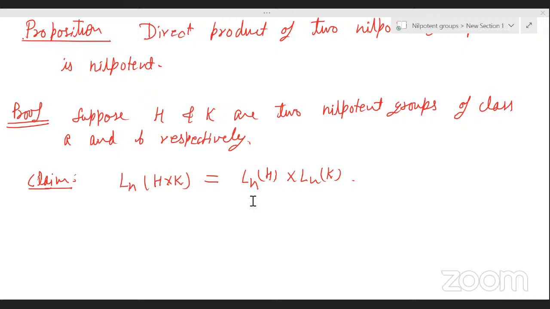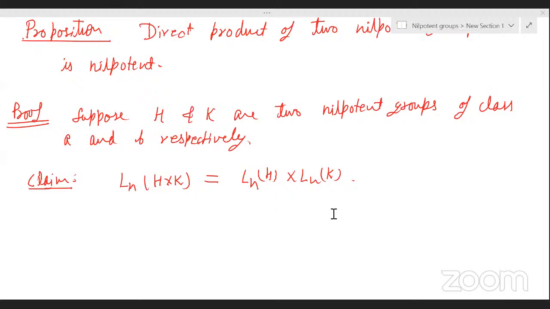And if n is greater than B, then L_n of K will be the trivial group. So if n is greater than or equal to the maximum of A and B, then both L_n H and L_n K will be trivial, so their product will be a trivial group. So L_n of H cross K will become a trivial group. So it simply means that H cross K will be a nilpotent group. So to prove this proposition, it is sufficient to prove this claim.